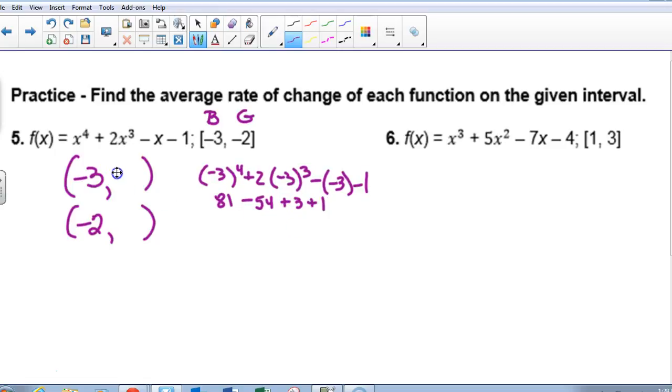What'd you get for the first one? I think I did something wrong when I wrote it down, but it doesn't matter. All right, girls? 1?